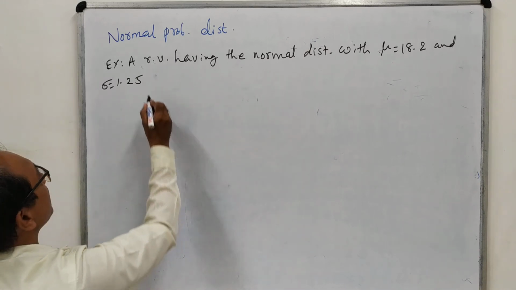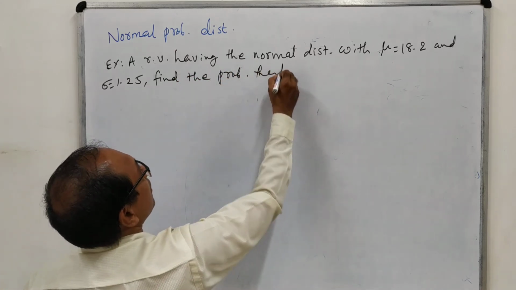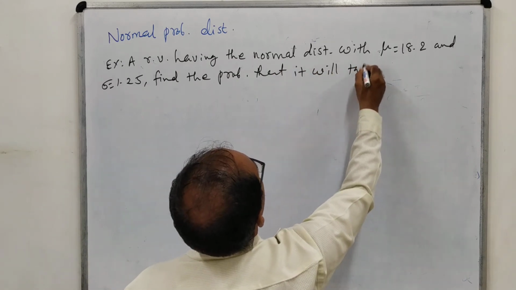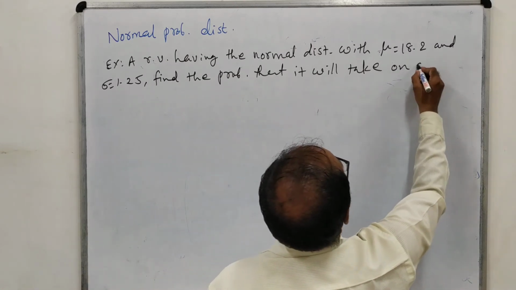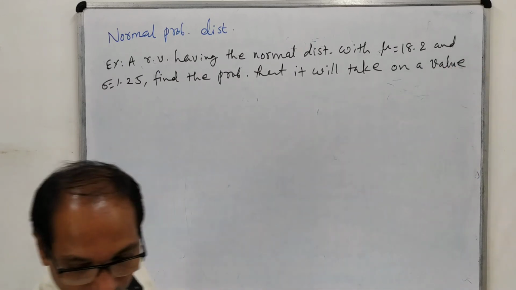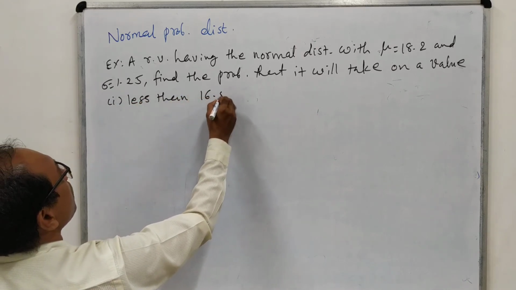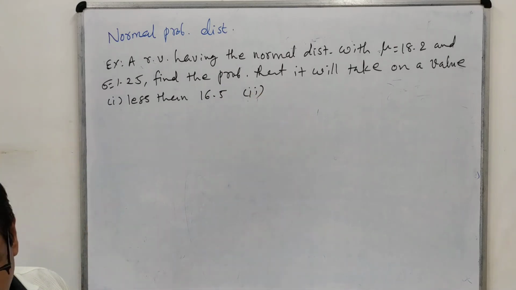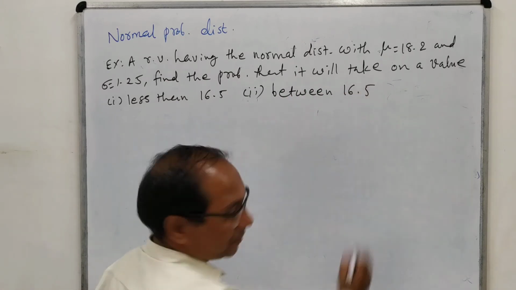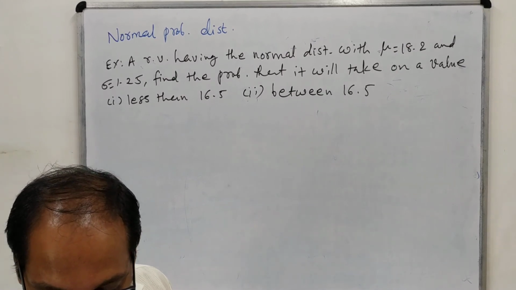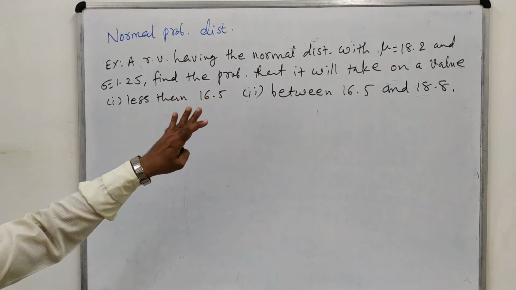Find the probabilities that it will take on a value 1, less than 16.5, 2, between 16.5 and 18.8. So you can solve this example yourself now.